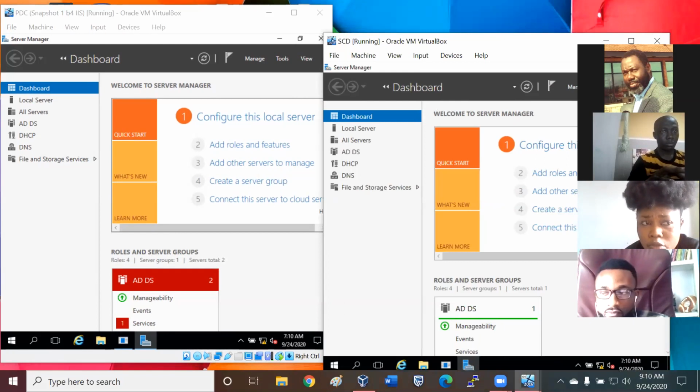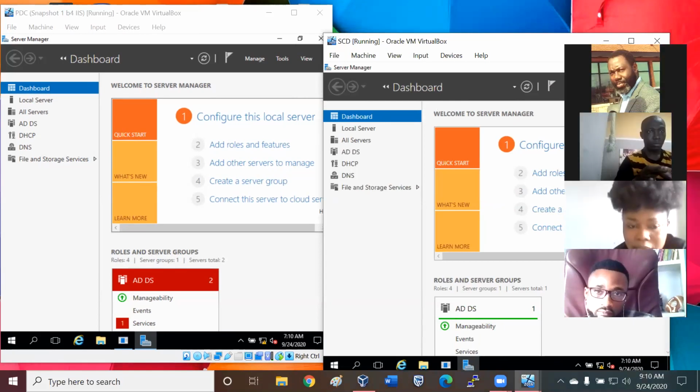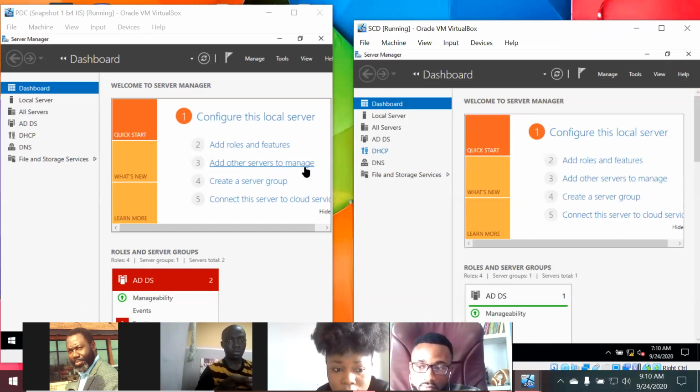Usually in an organization, there will be several systems, several machines supposed to connect to the primary domain. So am I correct so far? Yeah, there'll be clients in the domain. Okay, so all managed from the domain controller.